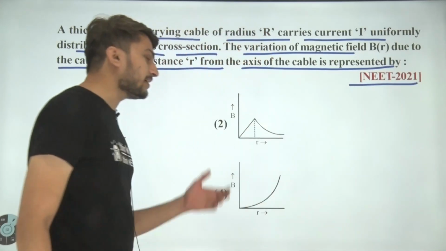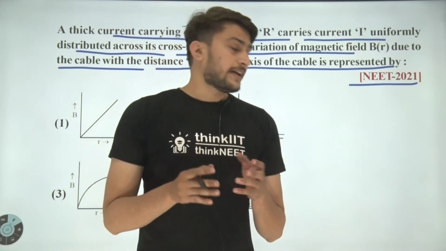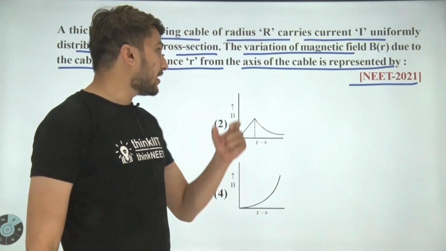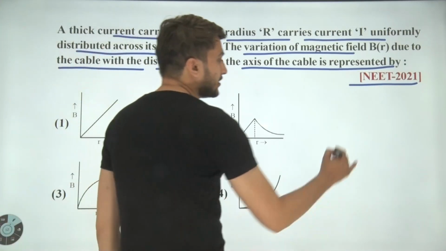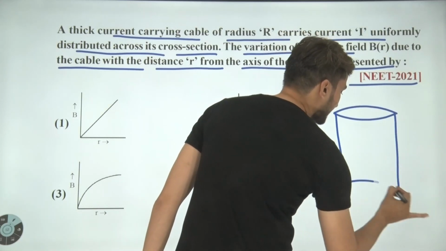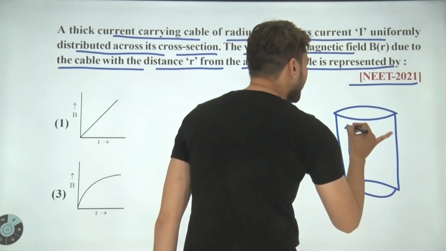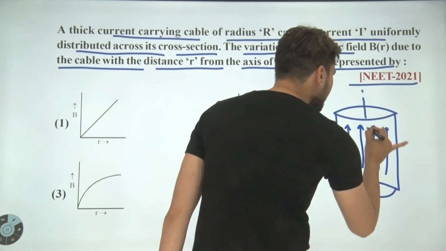Basically, we have to draw the graph between magnetic field and distance r for a cylindrical cable. In the diagram, this is our cable, current flows across the cross section like this, and this is our axis.